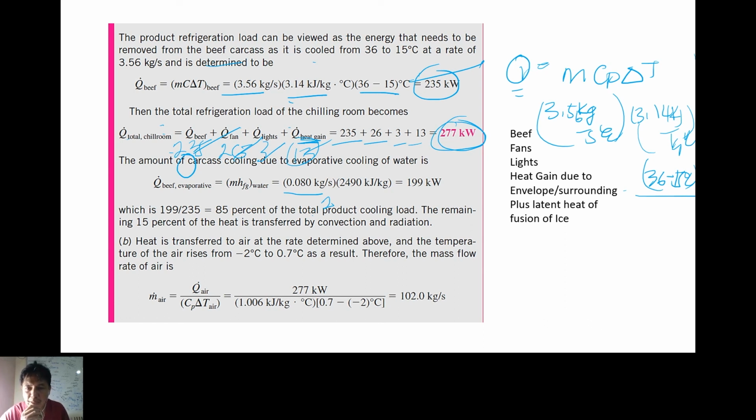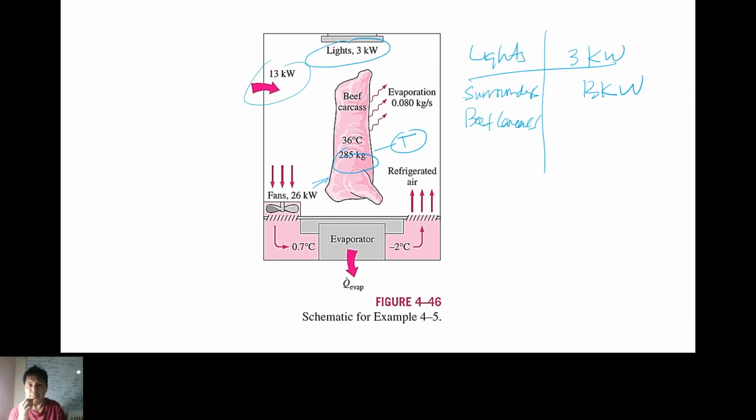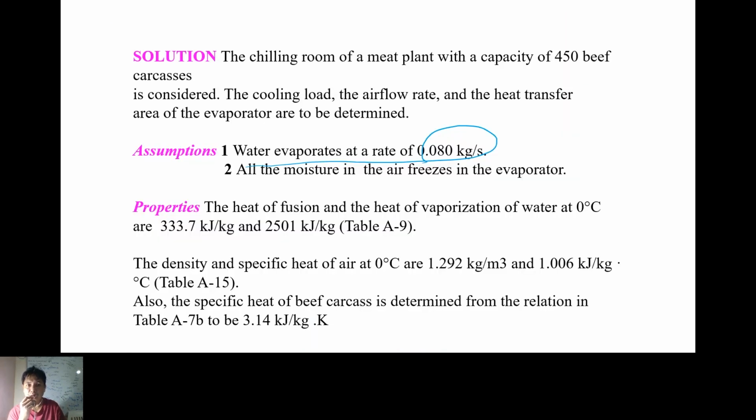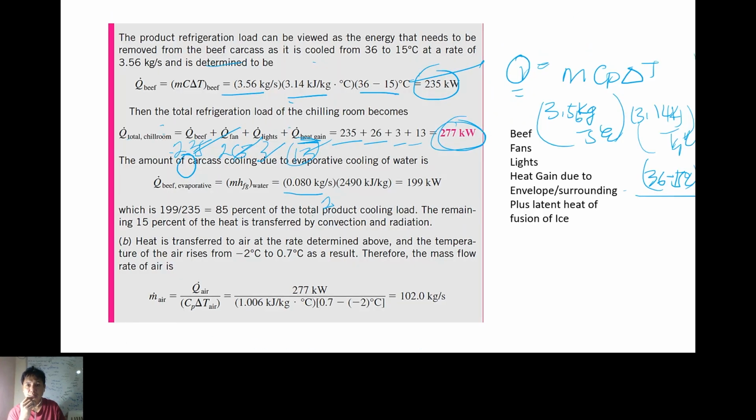Papalamigin siya ng chilled water, at yung portion ng mga iba pang pagpapalamig ay napunta doon sa evaporator. So ang mangyari diyan, 0.08 times 2490 kilojoule per kilogram, makakakuha tayo ng ating evaporative cooling.